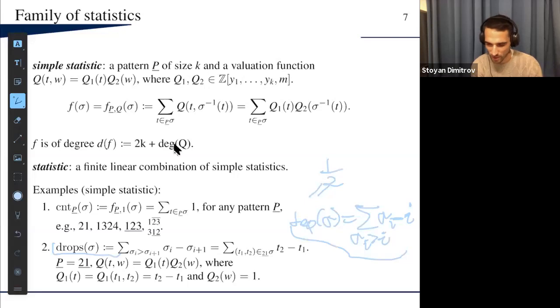The Spearman-Fuldt rule has pretty much the same definition, but we take the absolute value. What this means is that with our approach, we will be able to find higher moments for this statistic, drops.